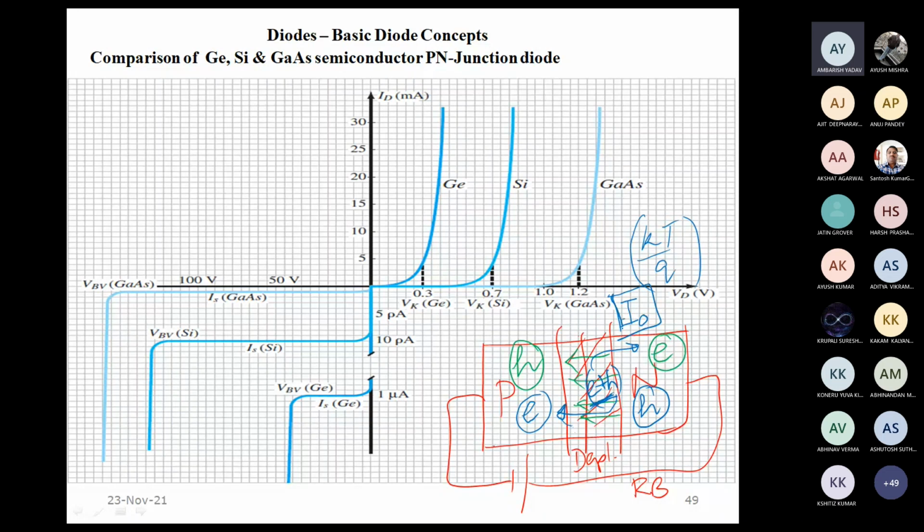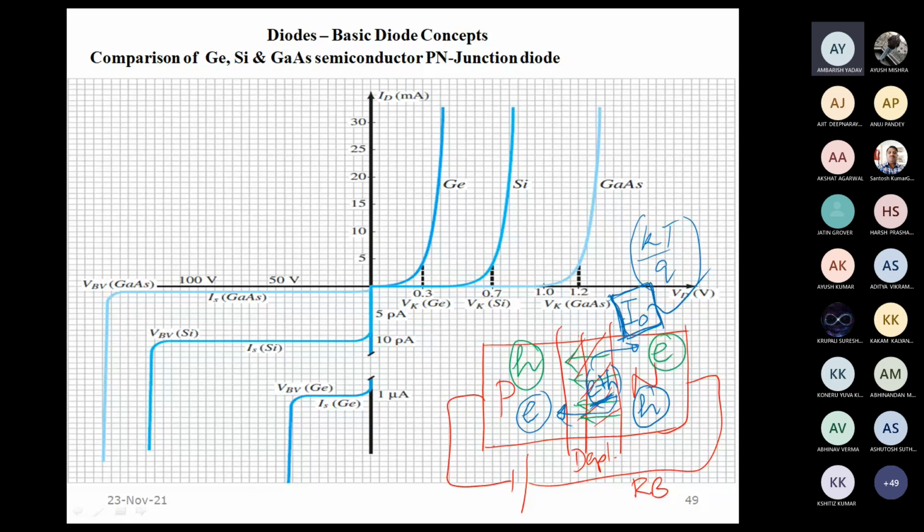Because this process is dependent on thermal energy, the value of I naught doesn't depend much on the value of the reverse biasing voltage. More or less, this I naught value is constant for a given kind of PN junction, so this is almost constant. That's why we call it a saturation current.